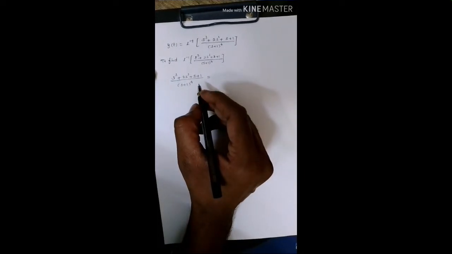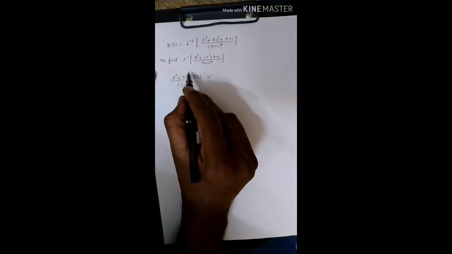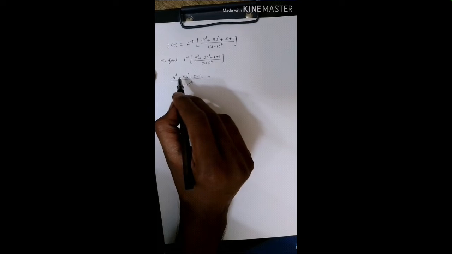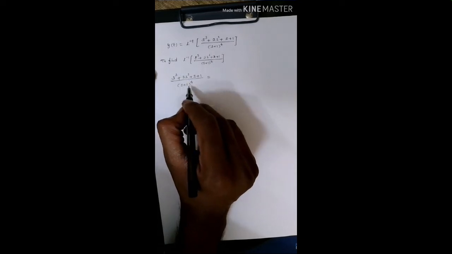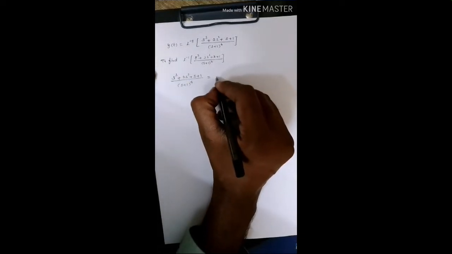Now, before applying partial fraction, we have to verify the degree of numerator and denominator. Here the degree of numerator is 3 and the degree of denominator is 4. Therefore, the degree of numerator is less than the degree of denominator, so we can apply partial fraction directly.